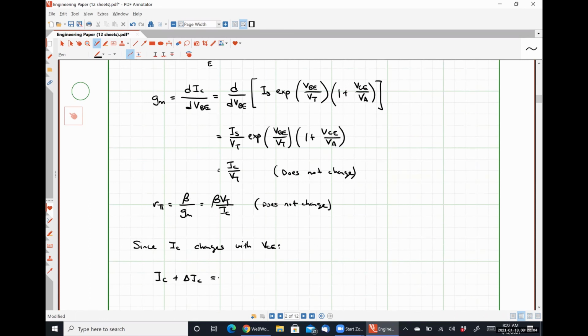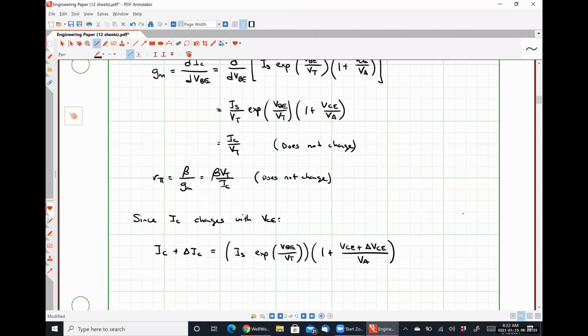So we're going to have some change in IC that is going to be IS EXP VBE over VT times 1 plus VCE plus delta VCE divided by VA. So we're changing from one collector emitter voltage to a larger collector emitter voltage.